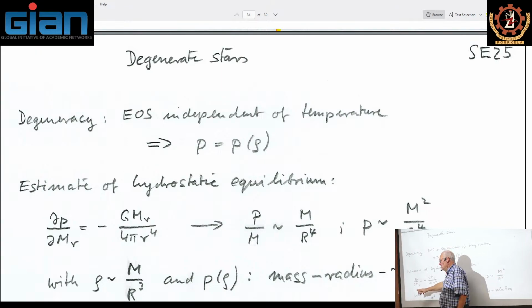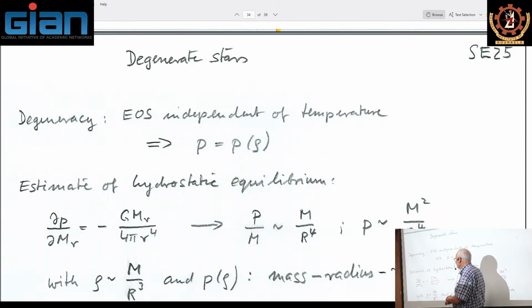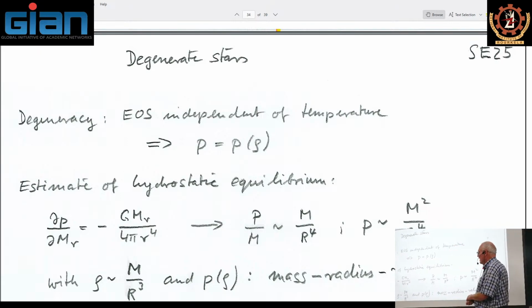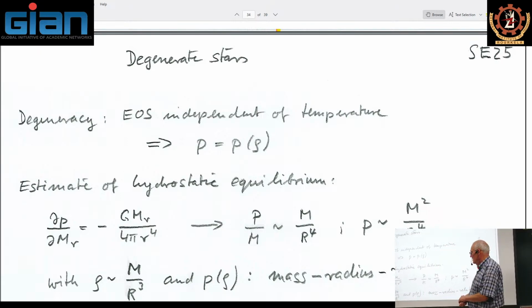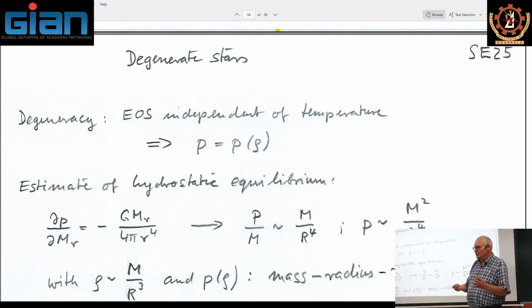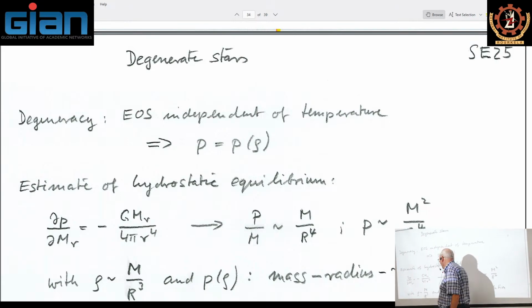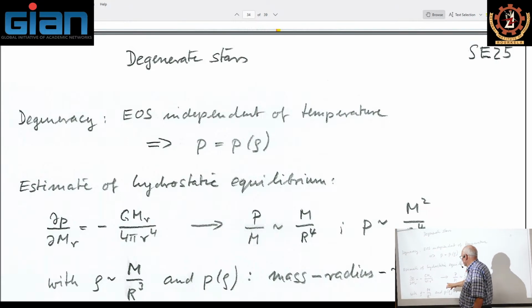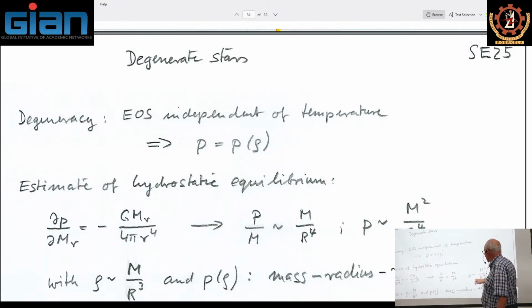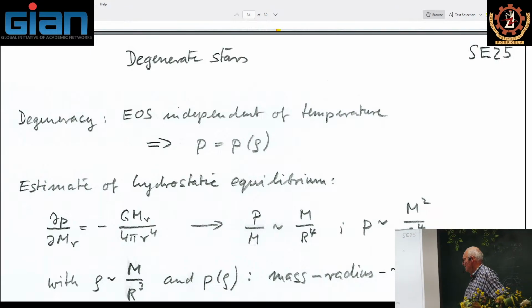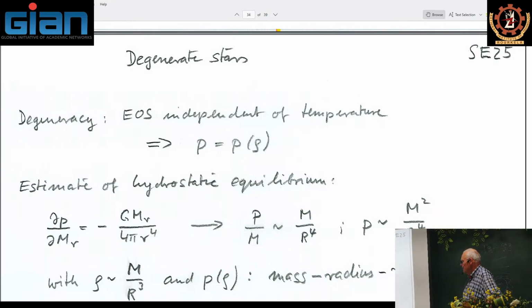In the Lagrangian form, dP/dm_r is given by minus G m over r to the fourth, and we estimate this relation in the usual crude way. We replace the pressure gradient by P over m, and the right hand side will then be proportional to m over r to the fourth. So the pressure goes with mass squared divided by the radius to the fourth.